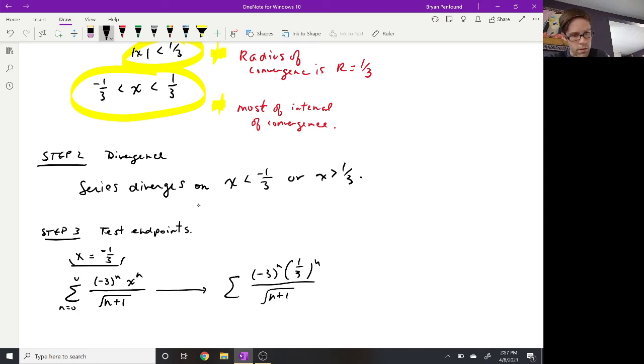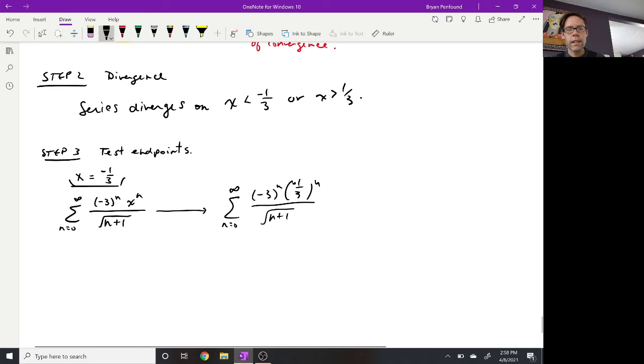And this was from 0 to infinity. Oh, my apologies. This should be a negative 1/3 up here. Okay, so let's plug in negative 1/3 in for x.